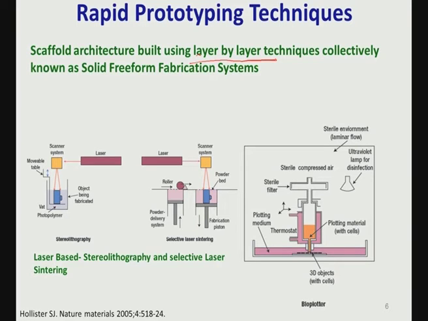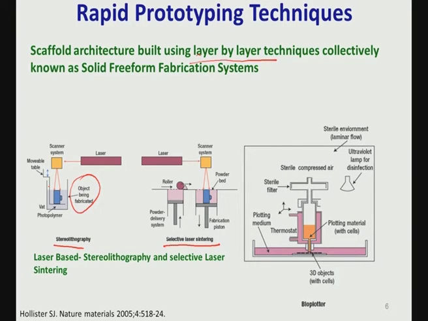Two techniques are mentioned here: stereolithography and selective laser sintering. In stereolithography, your laser is focused on a scanner system, the object being fabricated is placed in a vat with photopolymeric solution, and the structure is fabricated layer by layer.